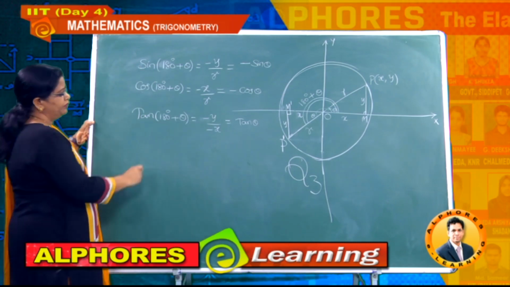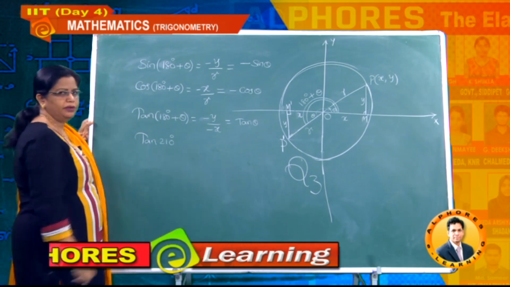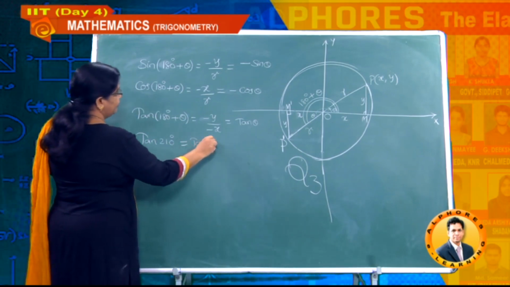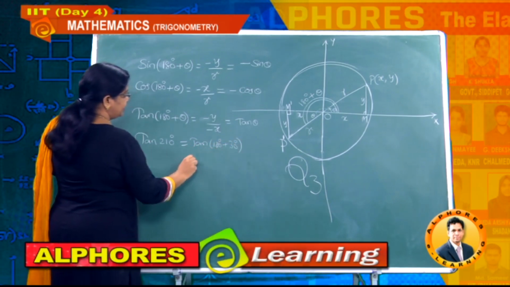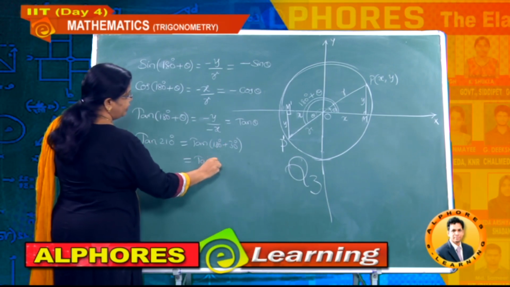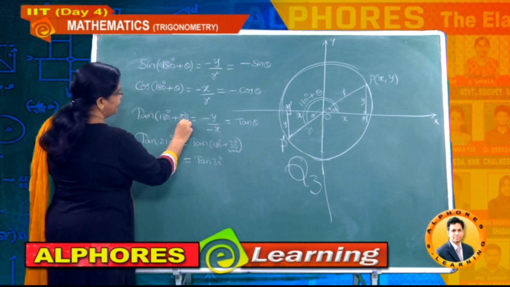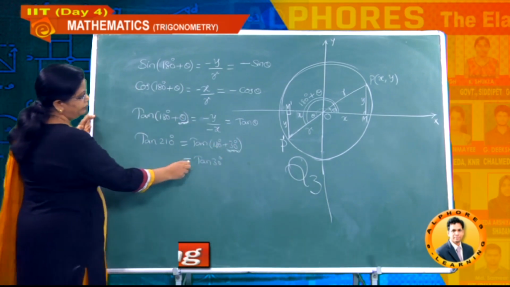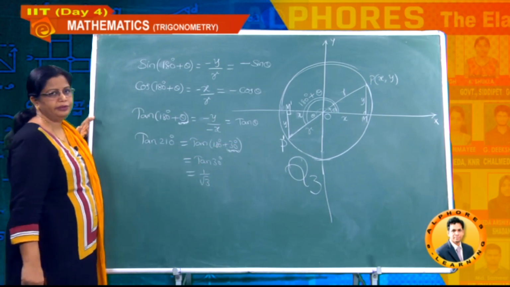Now if I want to find, suppose, tan of 210 degrees, then we write it as tan of 180 plus 30 degrees. Then tan 180 plus 30, just now we observed the formula, it is tan theta. So in terms of theta, we have substituted 30 degrees. Therefore tan 30, and this value is nothing but 1 by root 3.